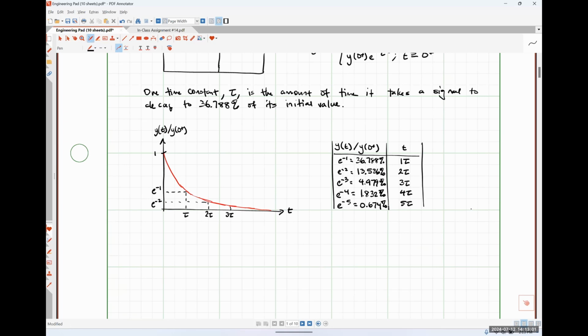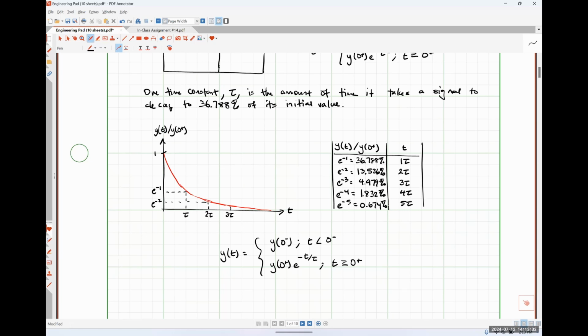In terms of our time constant, we would have y of t equal to y at 0 minus for t less than 0 minus, and y at 0 plus e to the minus t over our time constant tau for t greater than or equal to 0 plus.